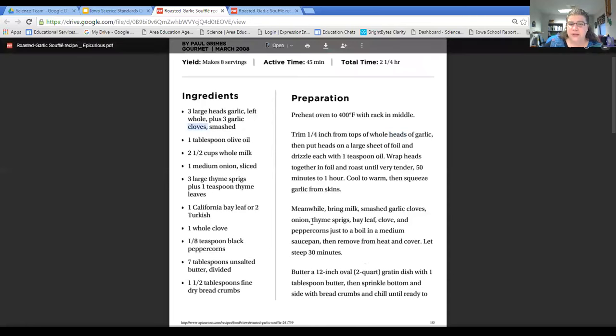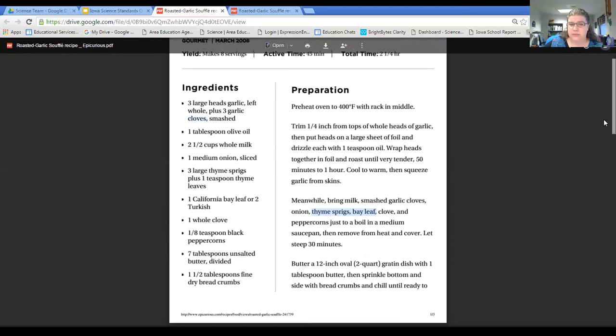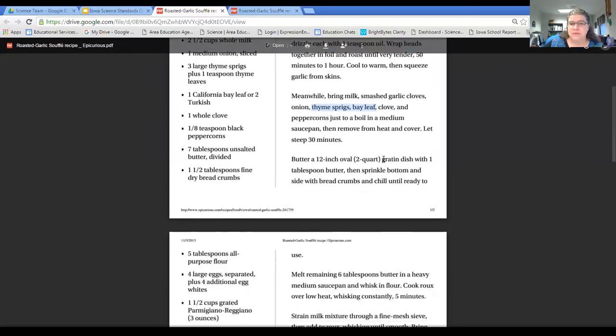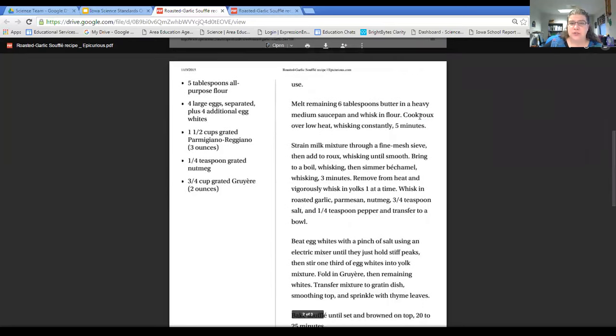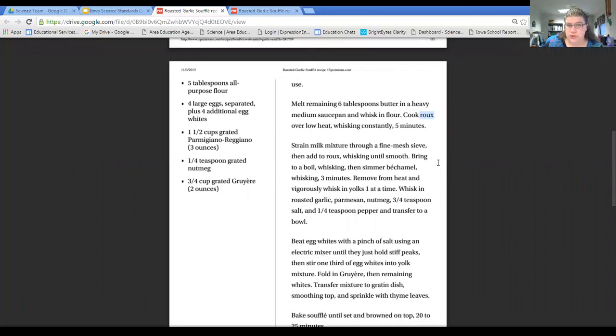We may have individuals that don't understand what these ingredients are. So when we're looking at thyme sprigs or bay leaves, we may have individuals that have no idea what a gratin dish might look like. We may have people trying this recipe that don't know what a roux should look like.